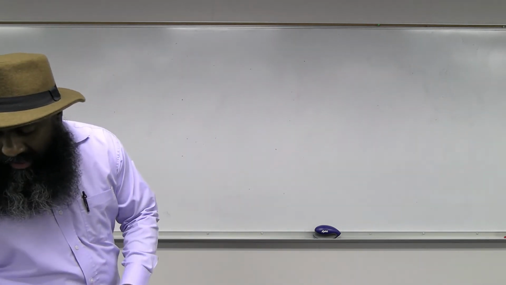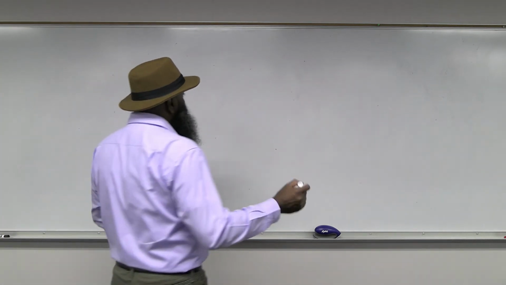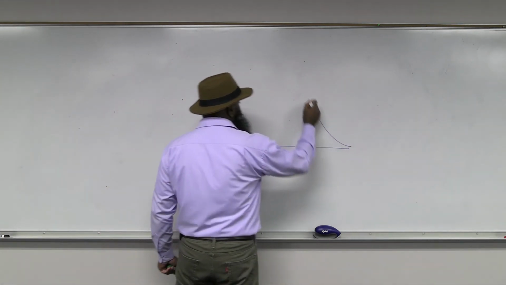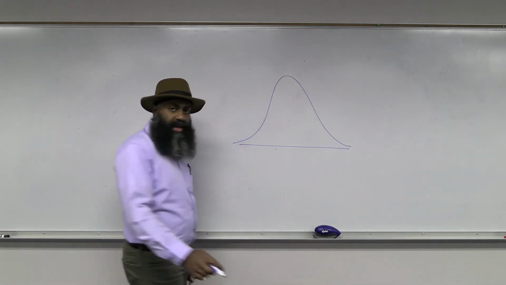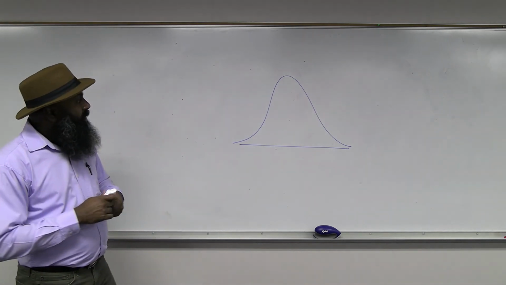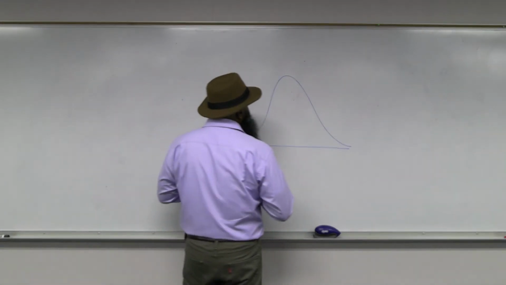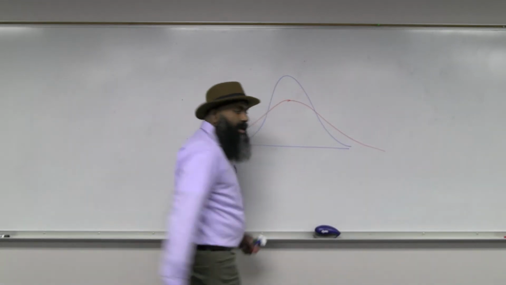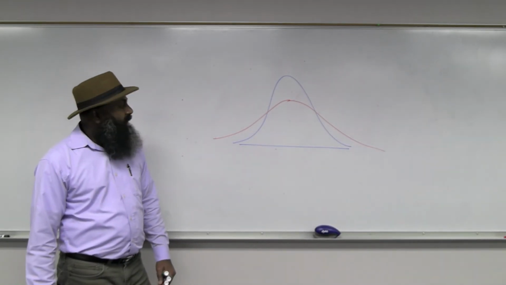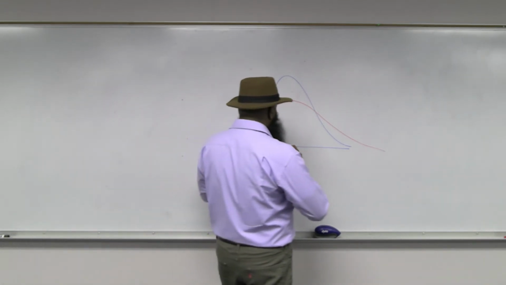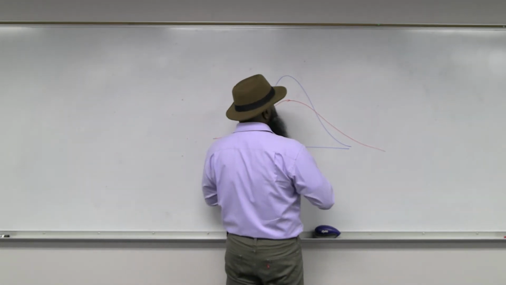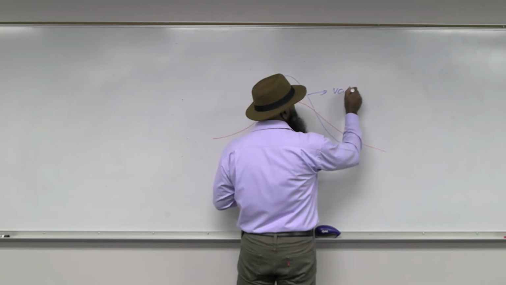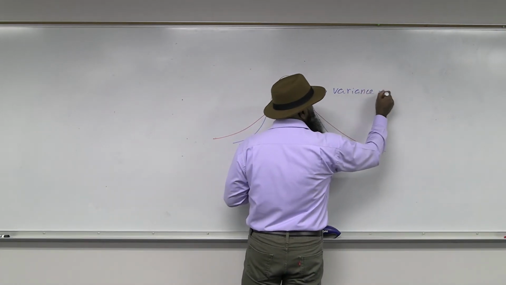You can calculate the variance. Now, if this distribution has a certain variance, a more spread out distribution means a larger variance. Okay. So, let's say, for example, the variance of this distribution could be 10.